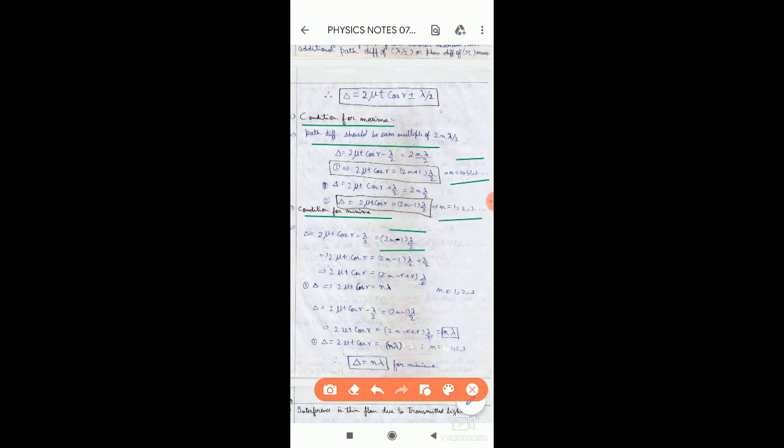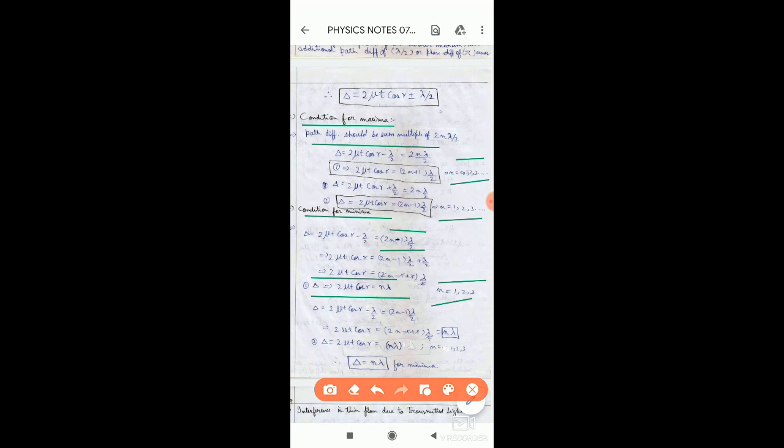So we get the result 2 mu t cos r equal to n lambda. Condition for minima, where the value of n is 1, 2, 3 and so on.